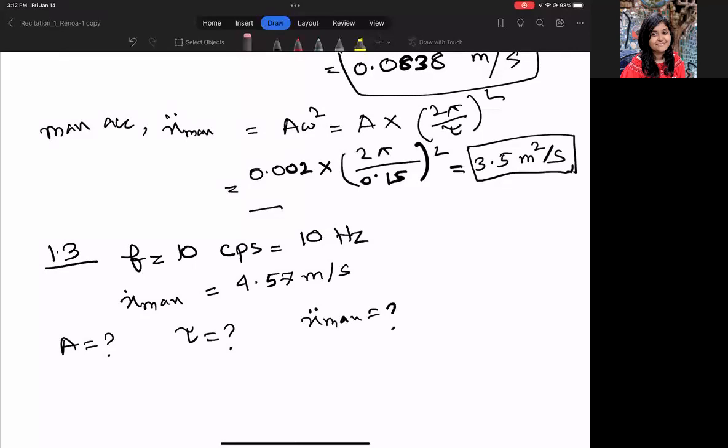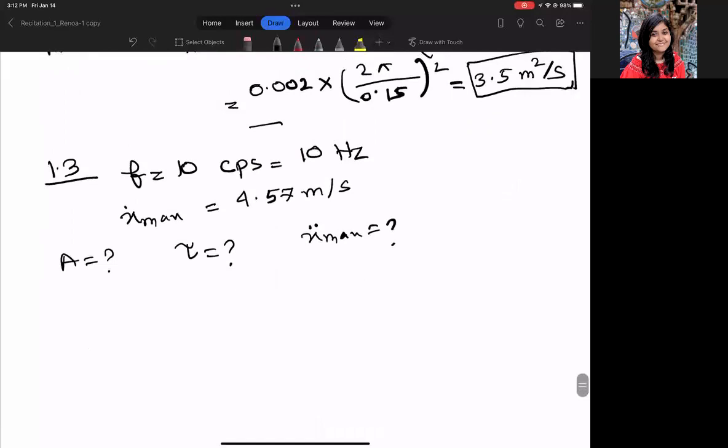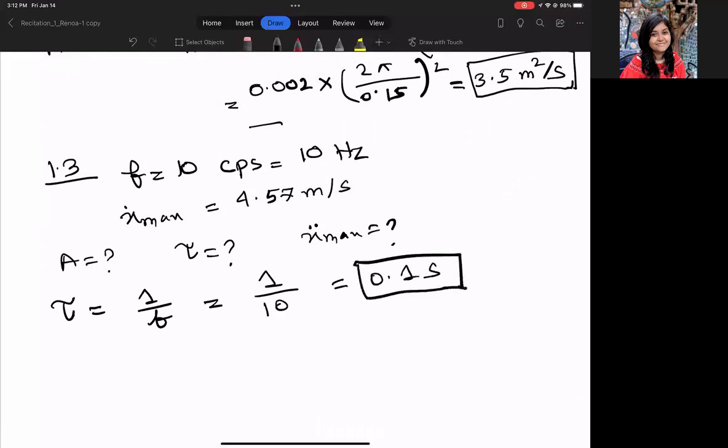We know time period tau is equal to 1 by f, which we can write as 1 by 10. So the answer would be 0.1 second. This is the time period.